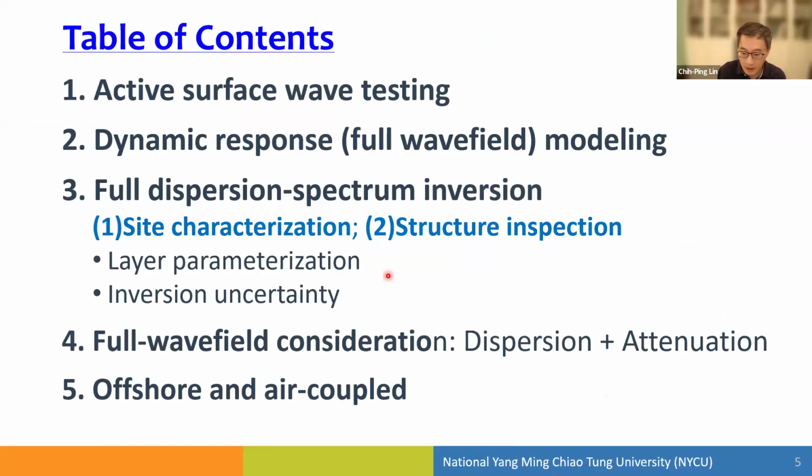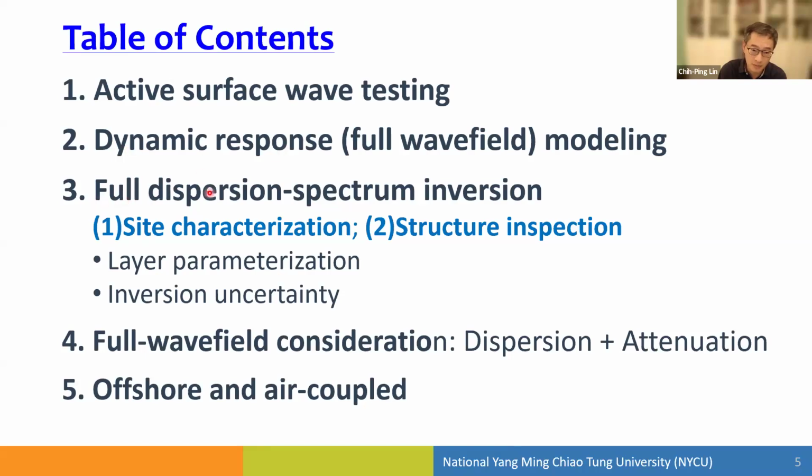So this is the outline of my presentation, and it consists of 5 parts. All right, the first 3 parts are really the main 3 steps in the surface wave method. The first one is related to field testing and signal processing. And the second step is the forward modeling.